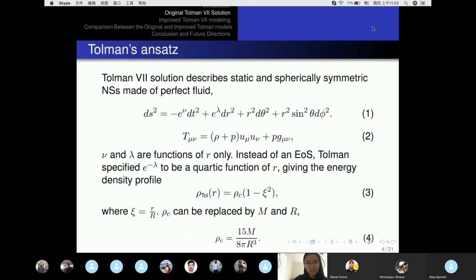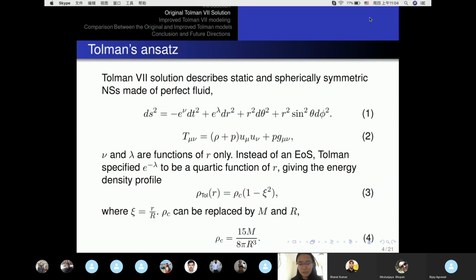First, what is the Tolman VII solution? Tolman VII solution describes the static and spherically symmetric neutron stars made of perfect fluid. And you can see that from the metric in equation 1 and the energy density in equation 2.